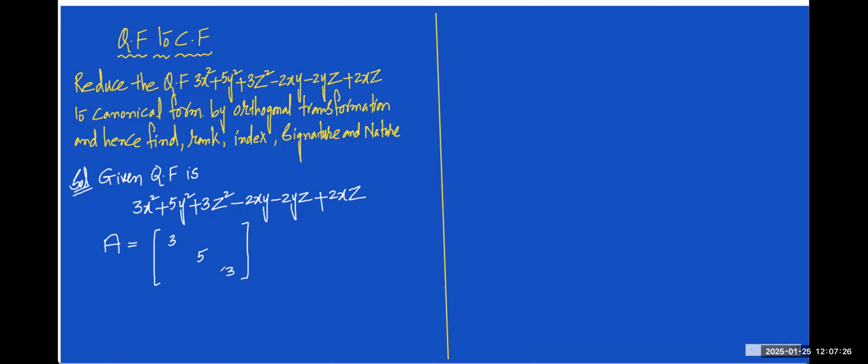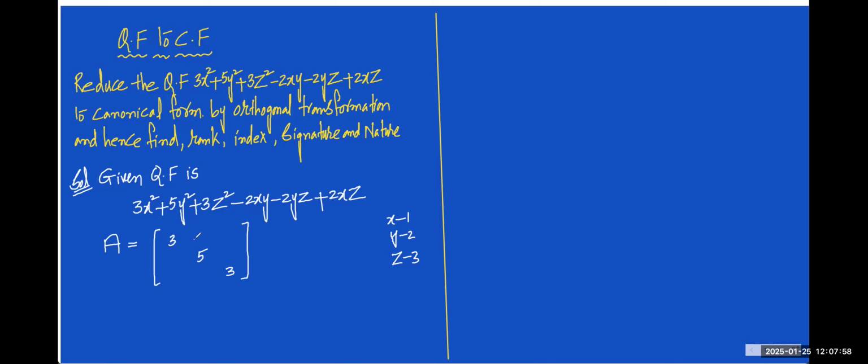Always write the square terms on the diagonal. Now for xy, take x as 1, y as 2, and z as 3. So xy means the element lies in first row, second column, and similarly second row, first column. We always divide by 2.